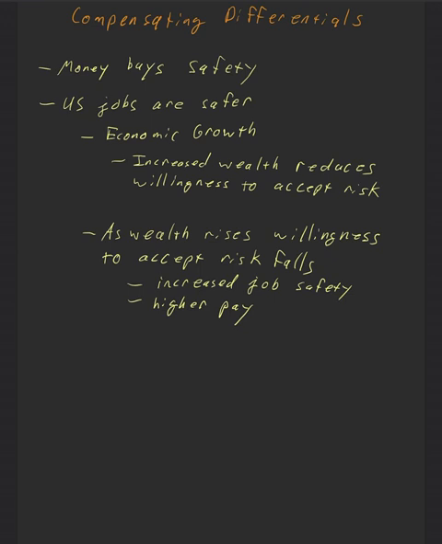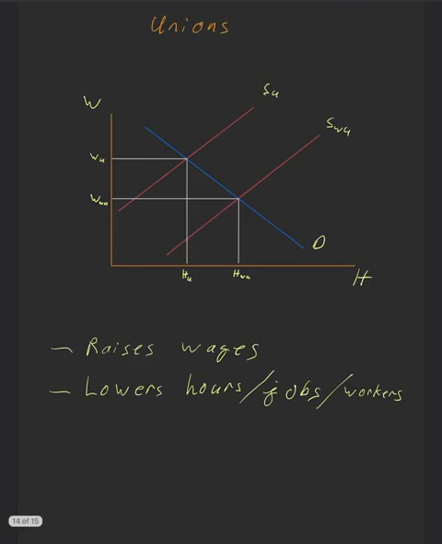As wealth rises, willingness to accept risk falls. This leads to a couple of things, right? One is increased job safety or higher pay for risky jobs. So again, I've said this several times, I'll keep saying it, economic growth is important for ethical reasons as well. Job safety is one of those things.